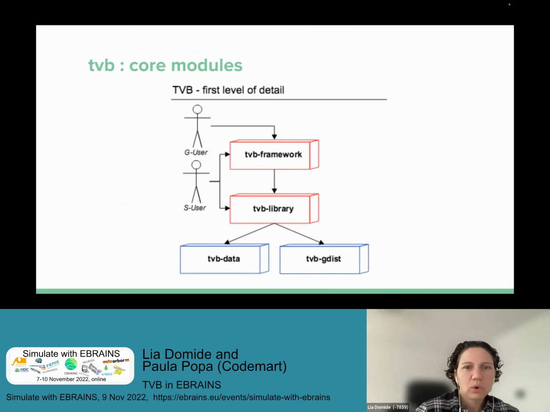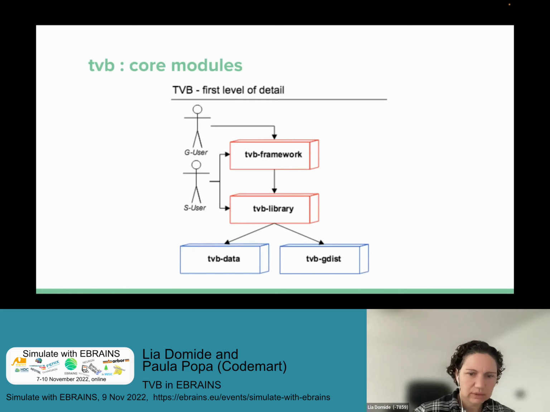At the very core of TVB, we have 4 packages, 2 of them more important than others. The ones in red are the important ones. These are called library and framework. The library holds the mathematics, the simulator, which is doing, as you probably know, large scale resolution simulations in the virtual brain, and the framework is holding the web interface.